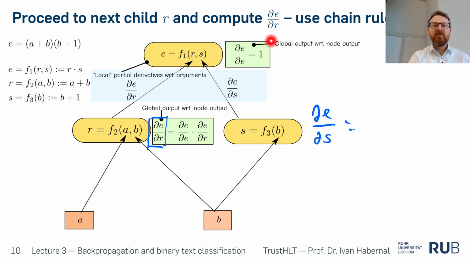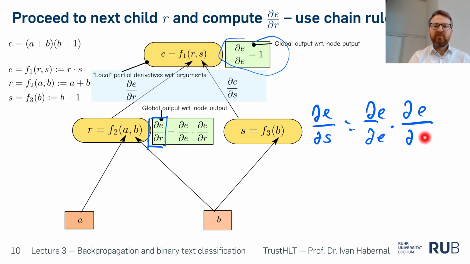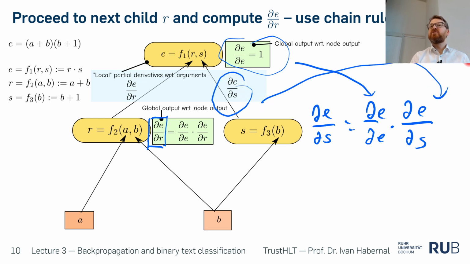We take the global of the parent, the partial derivative of E with respect to E, times the partial derivative of E with respect to S. So basically this times this, which is the chain rule, just shown differently on the graph. Any questions? Does it make sense? Okay, excellent. So now we're good.